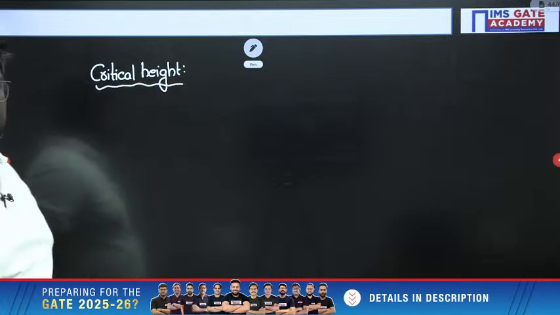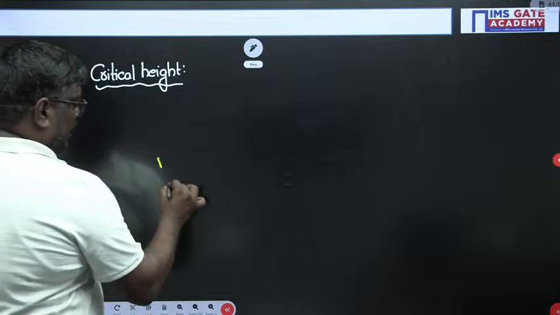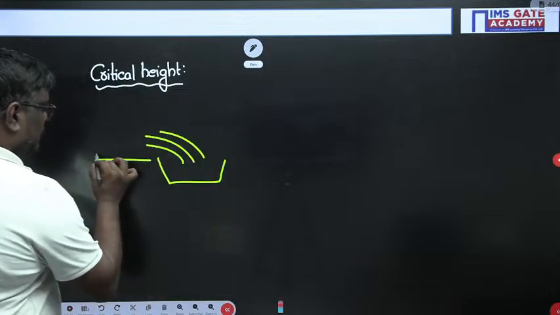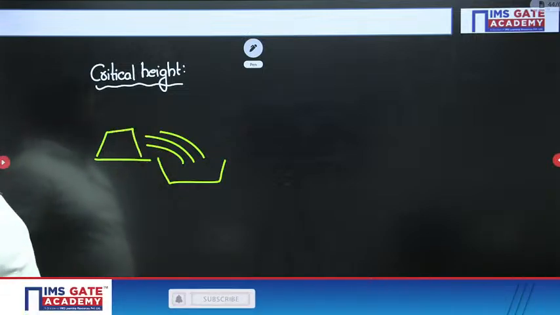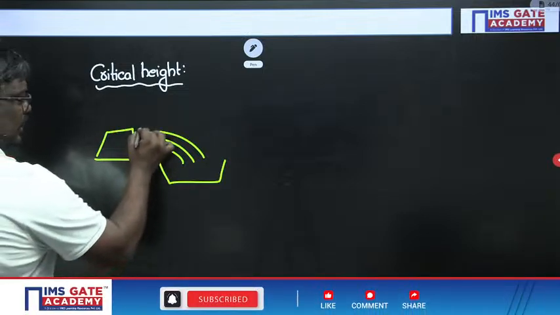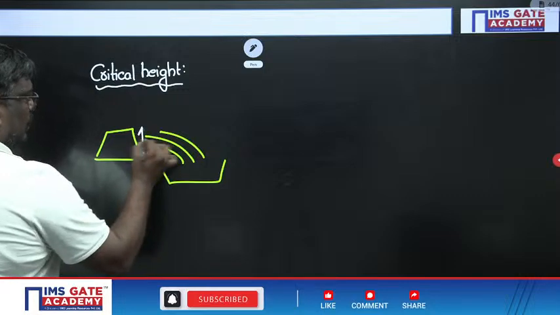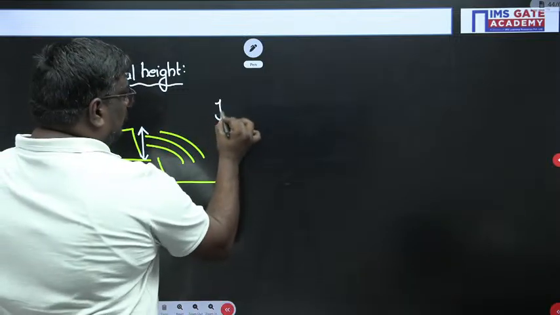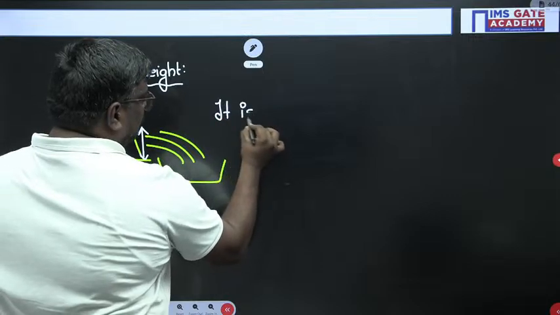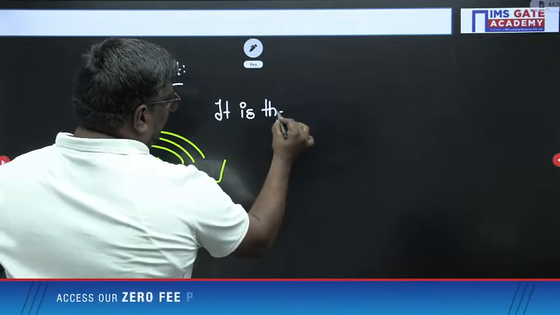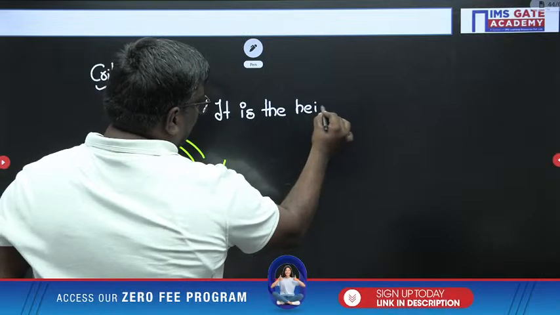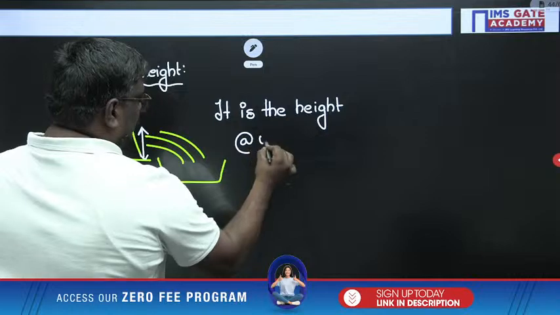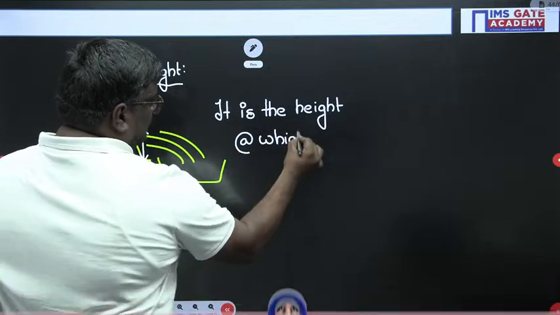Sir, suppose you are trying to excavate soil from here and place the soil here. So what does critical height mean?